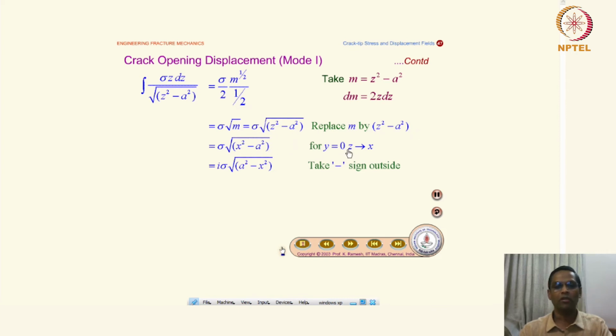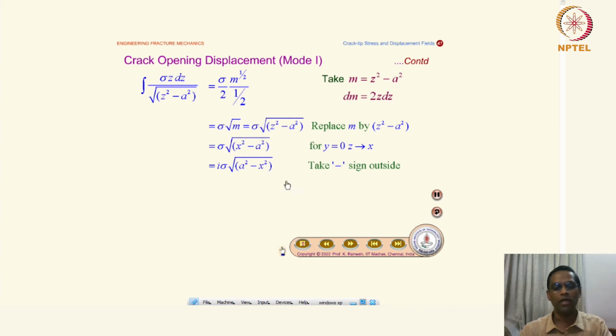And for y is equal to 0, for any value of x, this is sigma into square root of x square minus a square, and this can be rewritten like this, taking the minus sign outside, as I sigma into square root of a square minus x square.